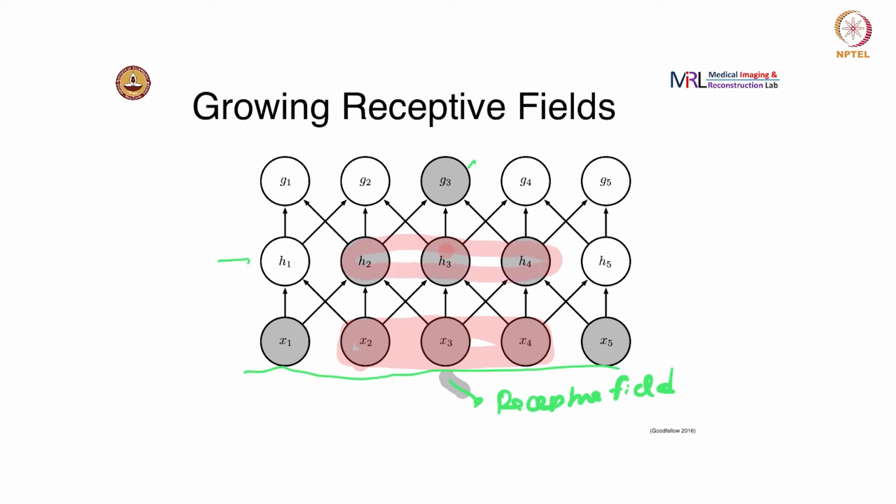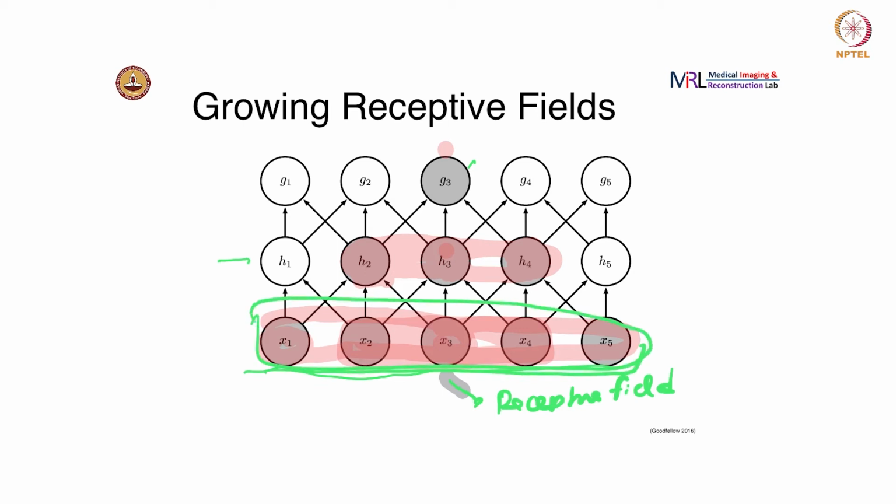But if you look at H2, H3, and H4, H2 gets its inputs from X1 to X3, and H4 gets inputs from X3 to X5. So technically, G3's receptive field is this entire input. It looks at all of this.